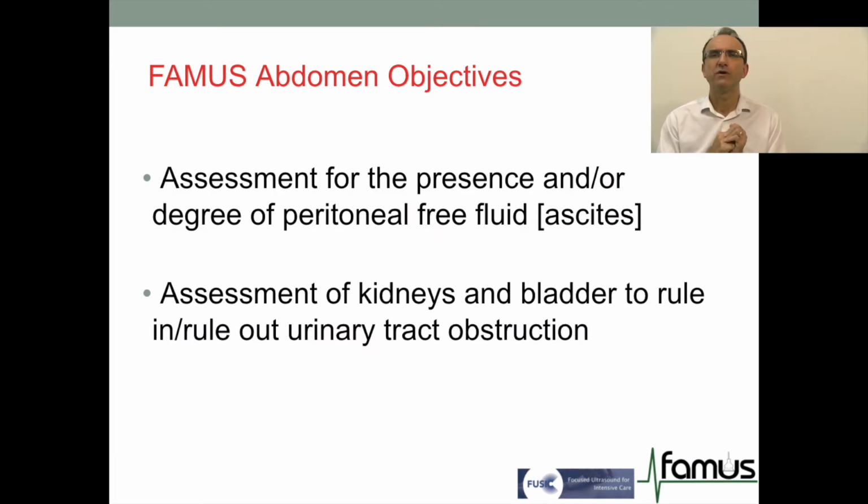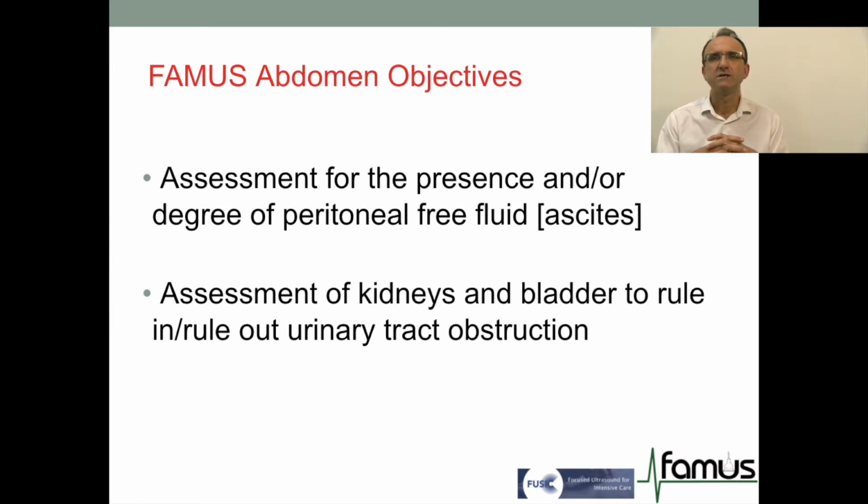So, what are the main objectives of FAMOUS studies? There are mainly 2: identifying fluid in the peritoneal cavity and establishing the amount of fluid, whether or not this fluid can be tapped or drained.